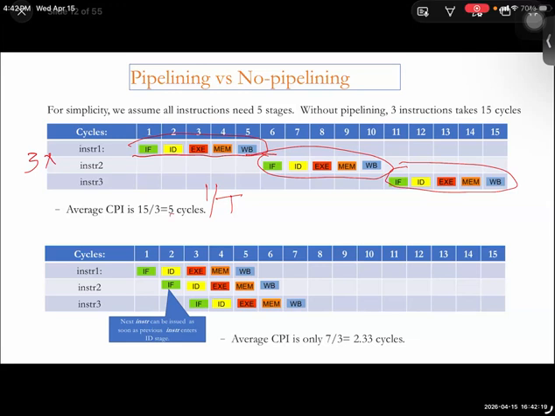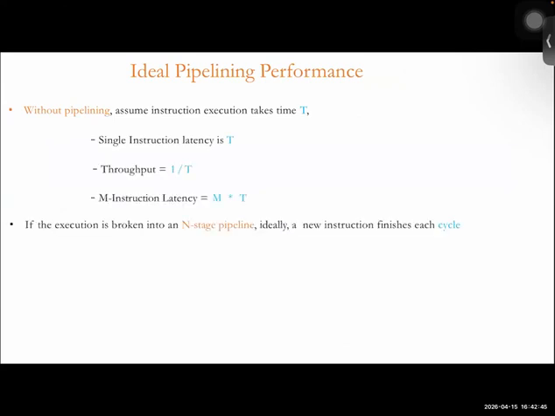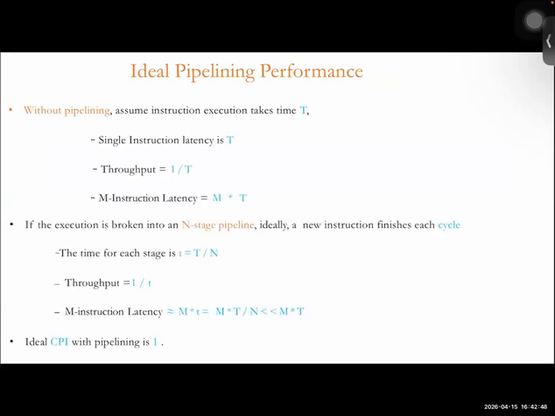But if it is a pipeline, in each cycle the task is divided into different stages, so the execution time of each stage is a fraction of the instruction time. Equation-wise, without pipeline it is the number of instructions multiplied by their execution time. Like in our example, it is 15 for non-pipelining.